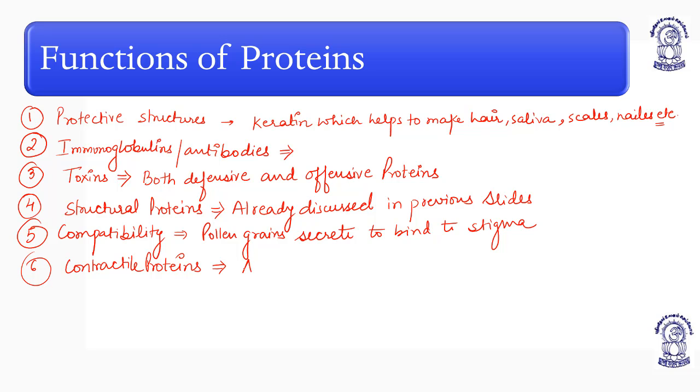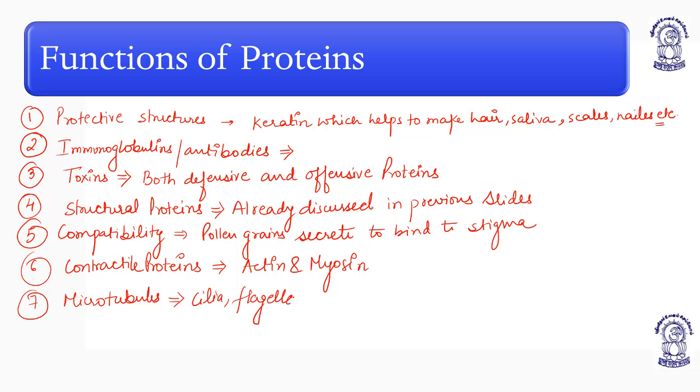Then microtubules like cilia, flagella, basal bodies, centrioles, all constitute proteins, alpha and beta tubulins.